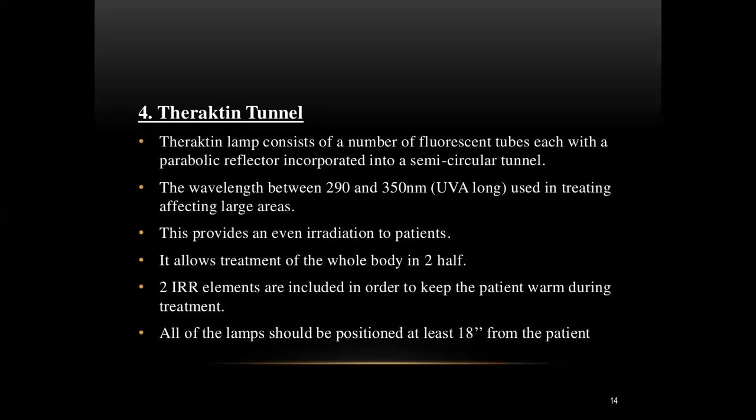It allows treatment of the whole body in two halves. Two IR elements are included in order to keep the patient warm during the treatment. All of the lamps should be positioned at least 18 degrees from the patient.